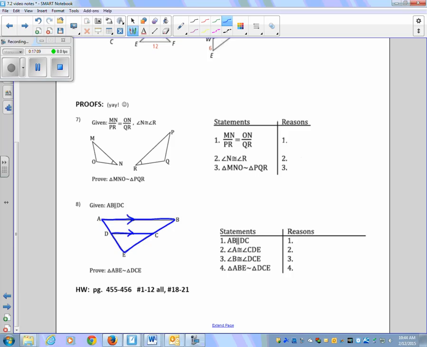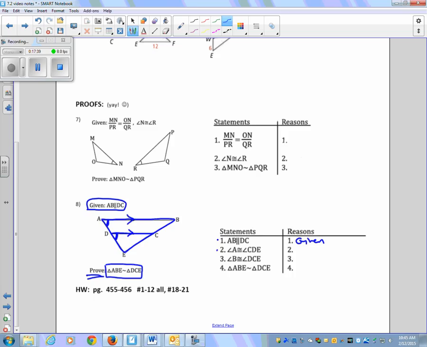So in this case, this is actually a proof. We are given that these lines are parallel. We want to prove that the triangles are similar. So what information do we have? Number one statement here just states the given. The lines are parallel. Look at number 2. It says angle A is congruent to angle CDE.